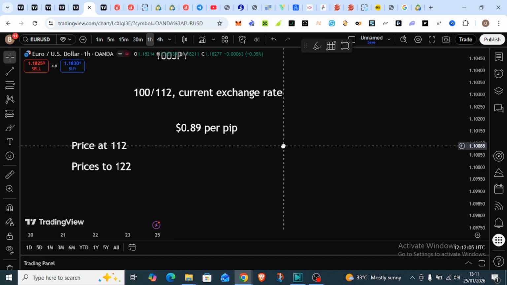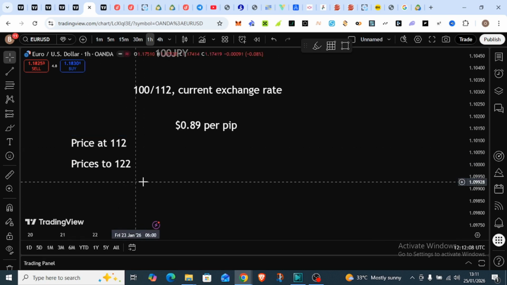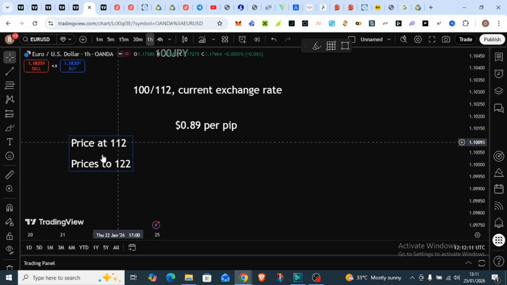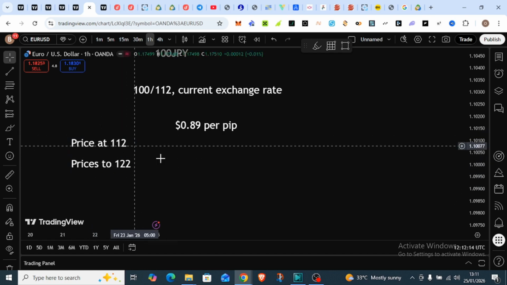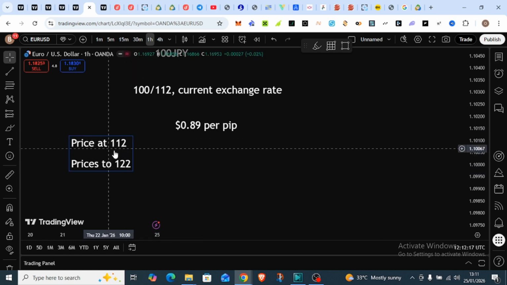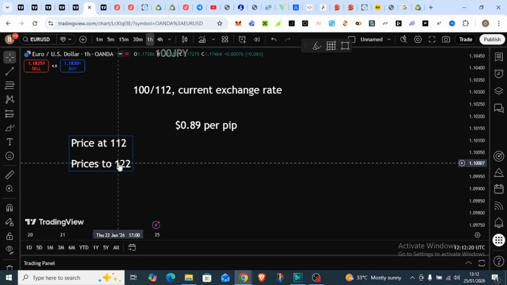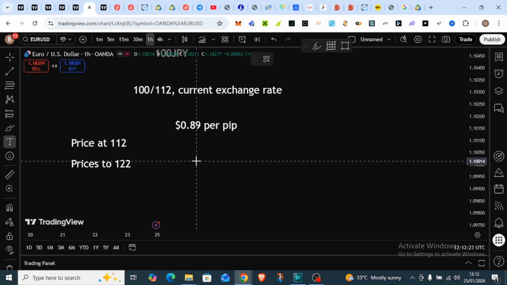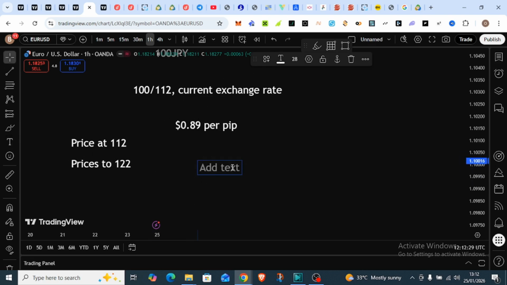So to calculate the profit, we also need to get the pips from here. So price movement is from 112 to 122. So we follow the same thing we have been doing. Subtract the initial price from the final price, 122 minus 112, to get the difference in price, and it's going to give us 10.